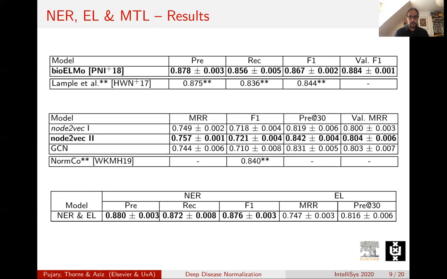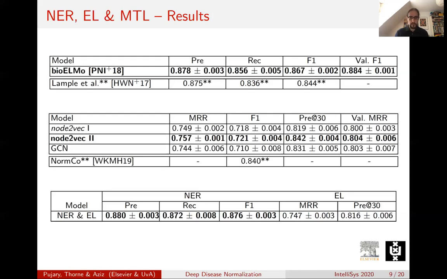It combines the structural information with information from the lexical nodes. However, we were not able to beat the current state of the art for this corpus, which was published more or less at the same time as us, and that doesn't use graph embeddings at all, the NormCo system, because we were stuck at 0.72 F score as opposed to 0.84.